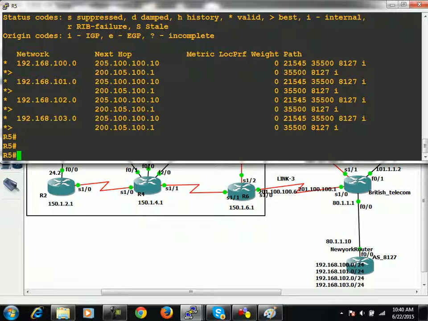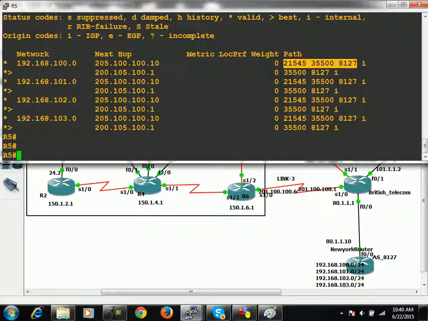See, if it is coming from Sprint, then in this AS 21545, three ASs are there. This is called the AS path list. Under path, it will be the AS path list, meaning it will show you that this prefix has already crossed these following ASs. So in this AS path list, BGP will always contain all those ASs which it has crossed.